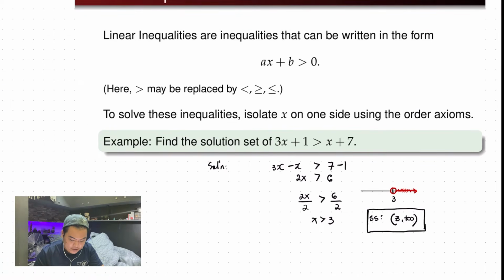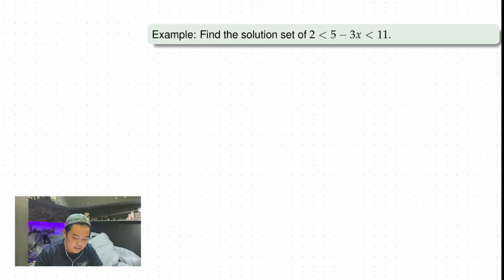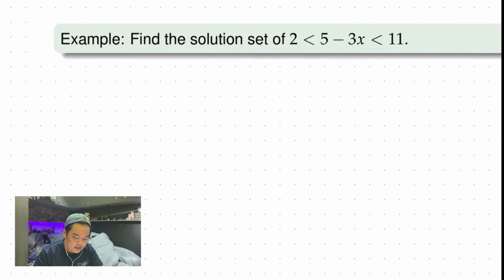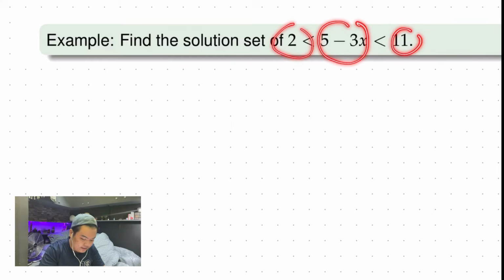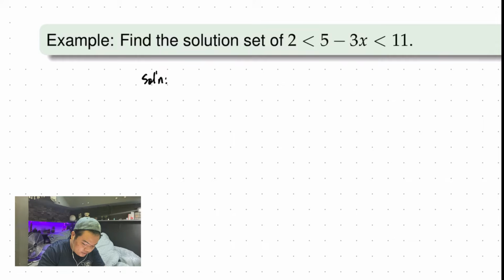Okay? So, gawa naman tayo ng isa. Medyo mas mahirap-hirap naman ng konti. Hala, paano to dalawa? Okay? So, ang gagawin mo ay nasa gitna ka magfo-focus. Kailangan x lang yung maiwan doon. Tapos pag nag-add ka ng something sa gitna, i-add mo sa lahat. So, paano ito? 2, 5 minus 3x, 11.